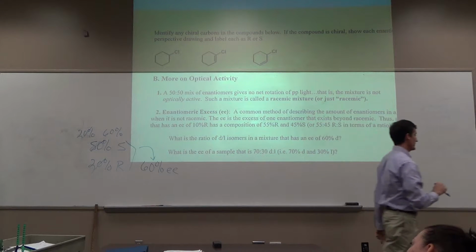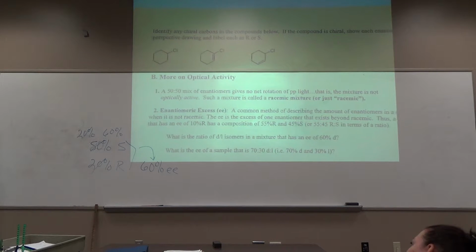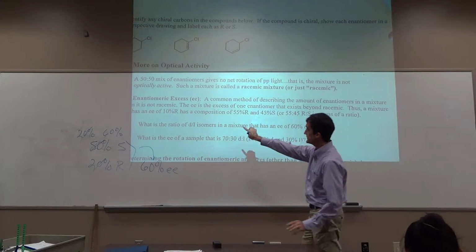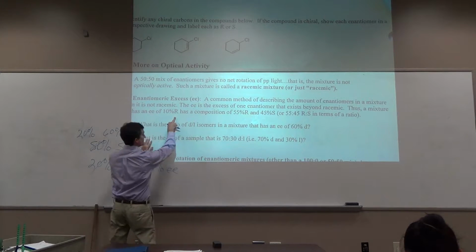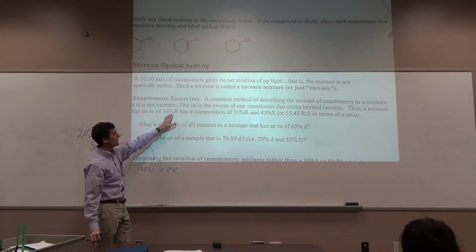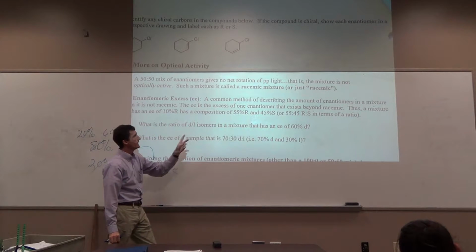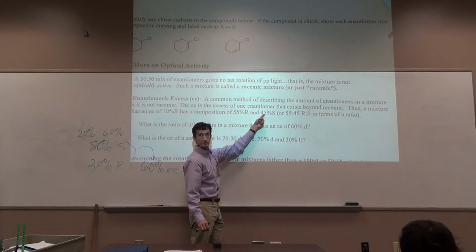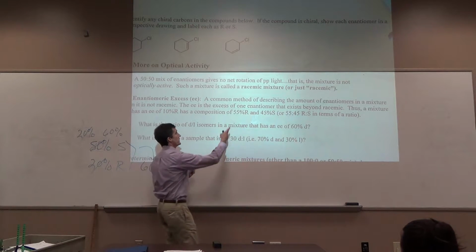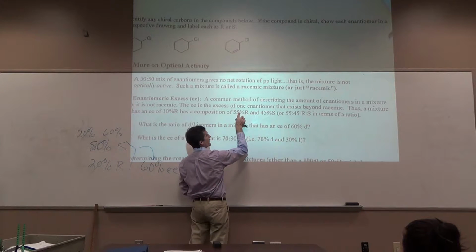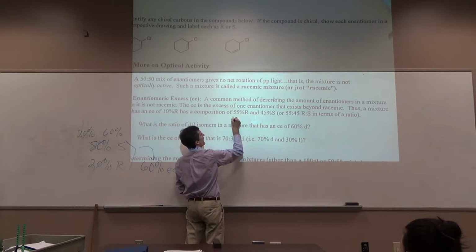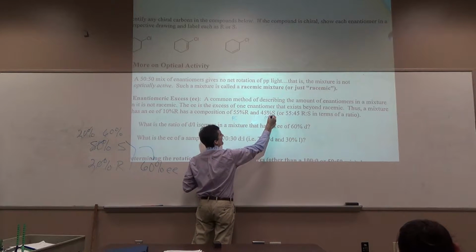There's one up here in the text: a mixture that has an EE of 10% R. Well, that's going backwards. If it has an EE of 10%, what's the actual composition? It's 55-45. If you go the other way, how much of this needs to cancel that? 45 cancels 45.